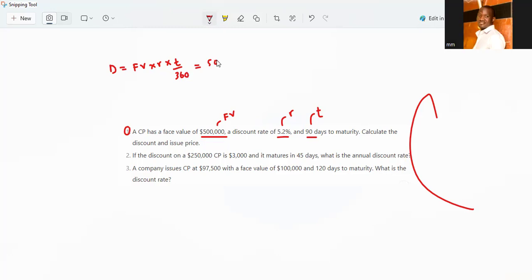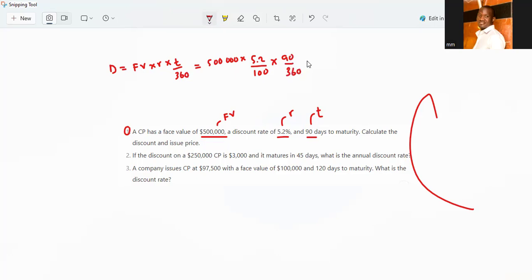So 500,000 times the discount rate of 5.2%. If you want, you can leave it in decimal or show it as a fraction; the answer is still the same. Times 90 over 360. So what do we get?